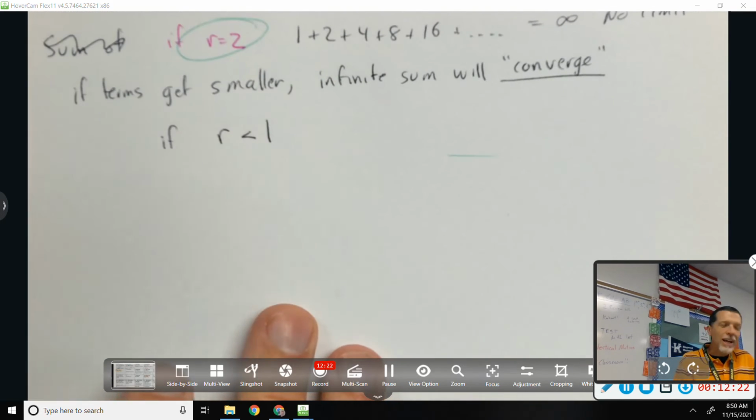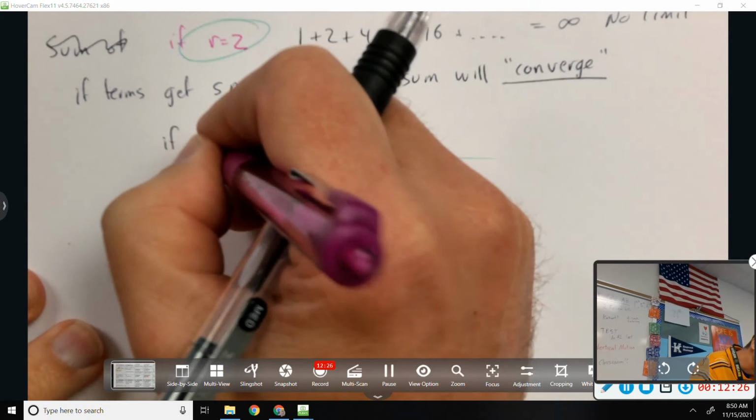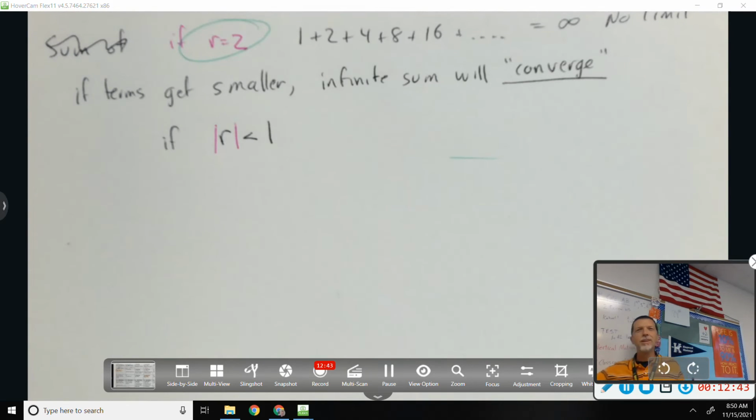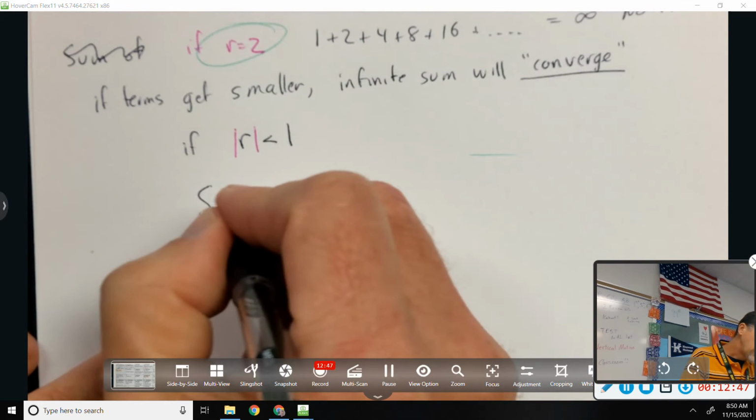You're only allowed to use it if the absolute value of r is less than 1, meaning r could be negative. If r is negative a half, it still works. If r is negative 2, though, like running a mile forward today and 2 miles backward the next day and 4 miles forward, that's never going to add up. That's going to be infinite.